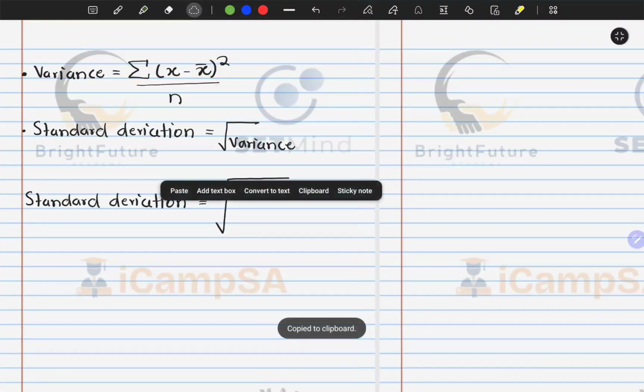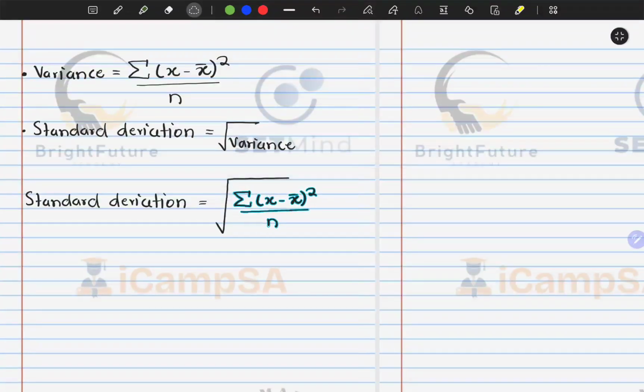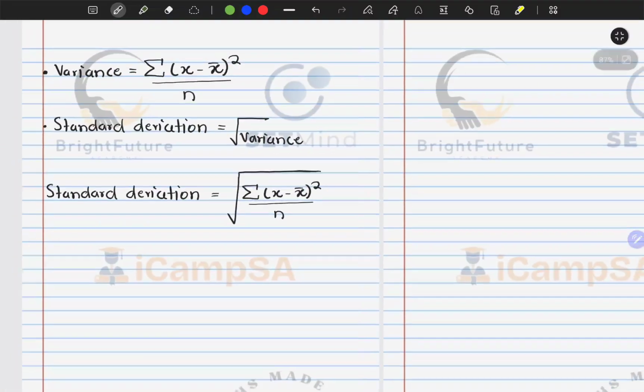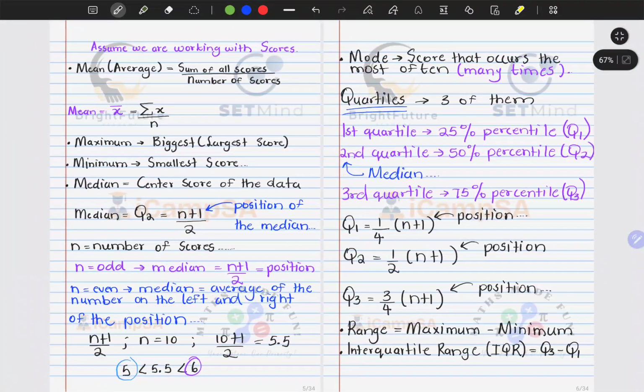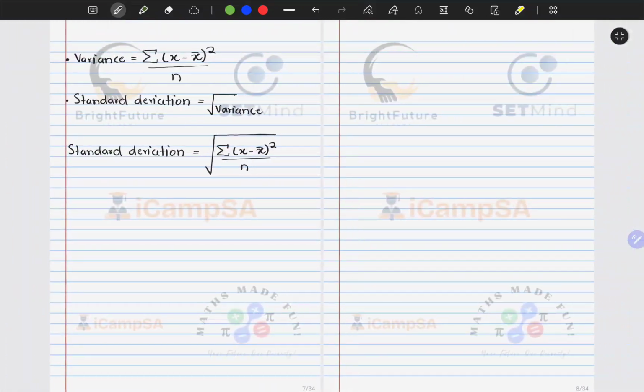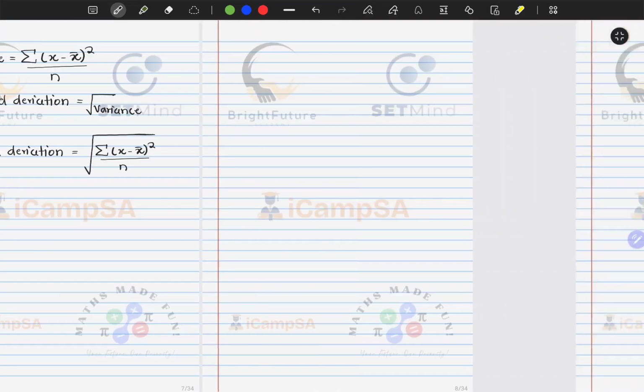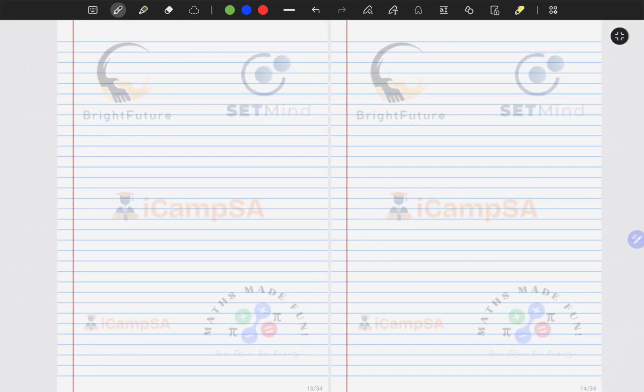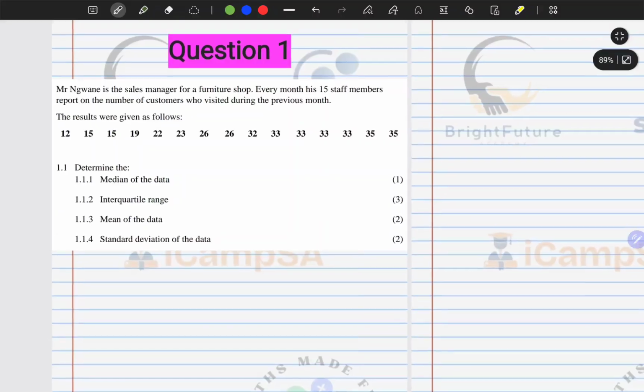Hope that you are able to make sense of what is happening. So that becomes your standard deviation. With these terms out of the way, let's see if we can actually attempt to answer some of these questions and make sense of these concepts. There's many more to cover, but let's have a look at examples. This is part 1.